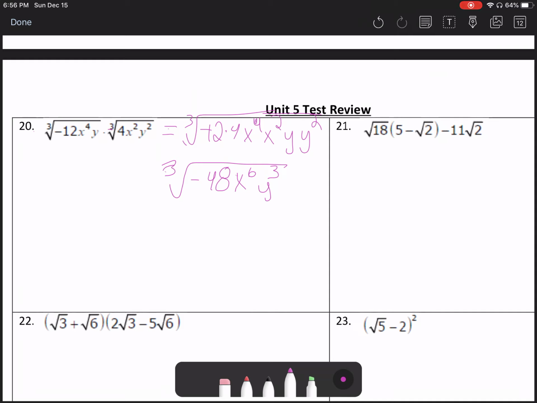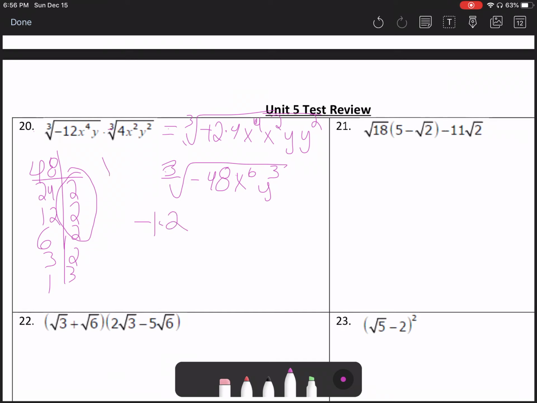So I simplify. My negative 48, I know when I simplify a negative and it's a cubed root, I take a negative 1 out. Then I simplify 48. 48 divided by 2 is 24. 24 divided by 2 is 12. 12 divided by 2 is 6. 6 divided by 2 is 3. 3 divided by 3 is 1. I'm looking for a set of 3 numbers. So I have a set of 3 2's there. So I can take a 2 out.